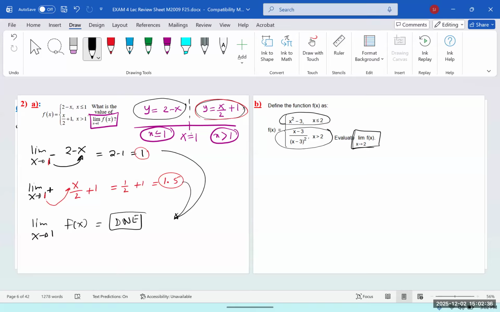So, same scenario. When x is 2, you're here. So before 2, when x is smaller than 2, our function is y equals x squared minus 3. And after 2, your function is y equals, you can cancel this and you're left with 1 over x minus 3.